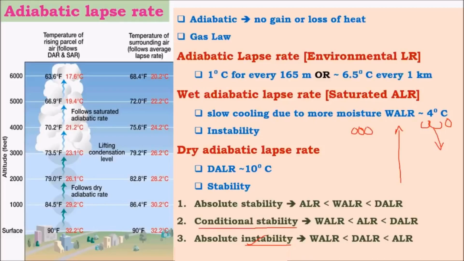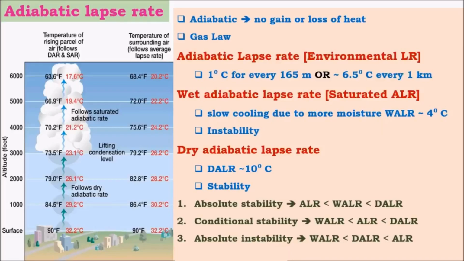In the other case, when the moisture is too low, that is in the case of dry adiabatic lapse rate, in such a scenario the formation of condensation of water vapor is also very low, and as a result the chances of precipitation are very low, and such a state is associated with absolute stability.